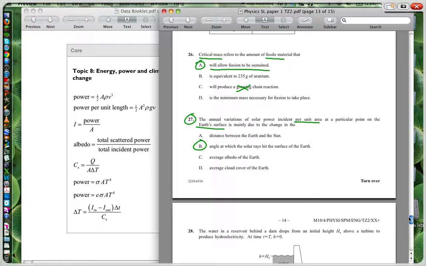So, for instance, if you've got the Earth tilted that way, and here's the sun, and this is the point that I'm dealing with over here, then we see that the sun's rays are spread over a large area, and so you're not getting as much. But if it's been tilted this way, now A, it will get the direct sunlight. So this B is correct.